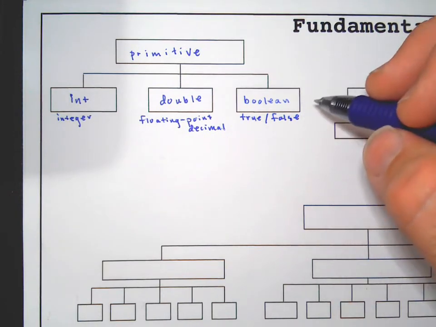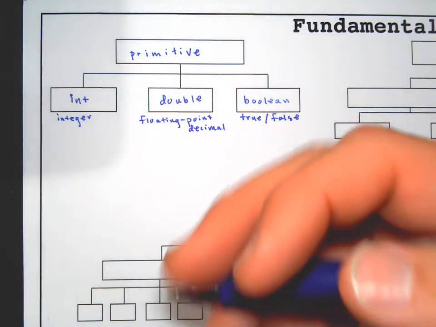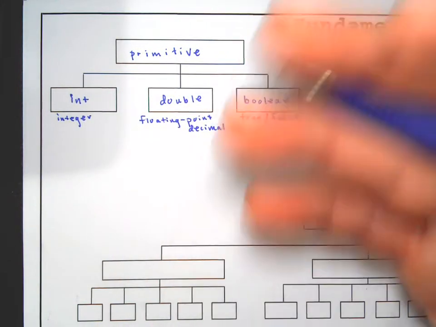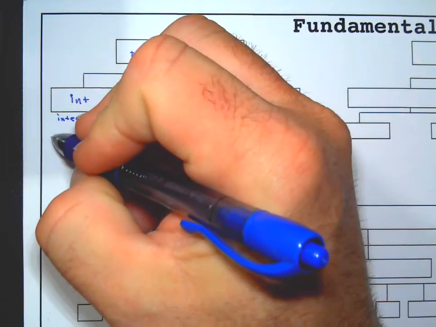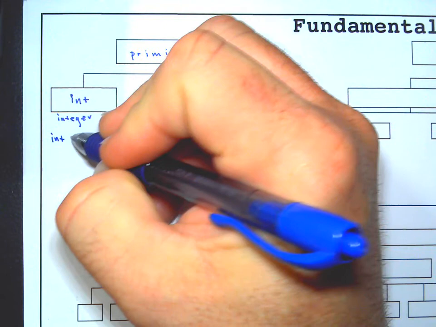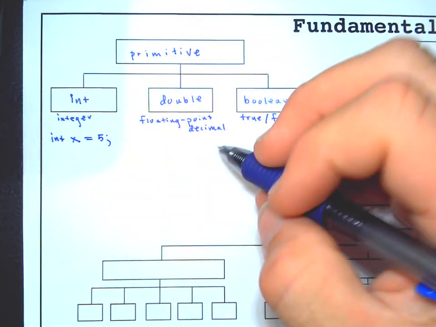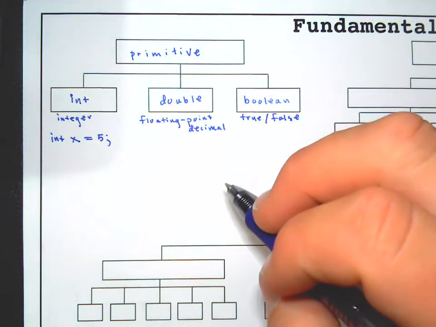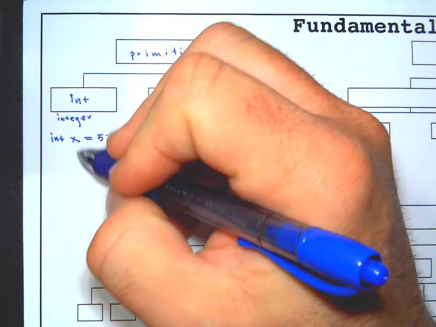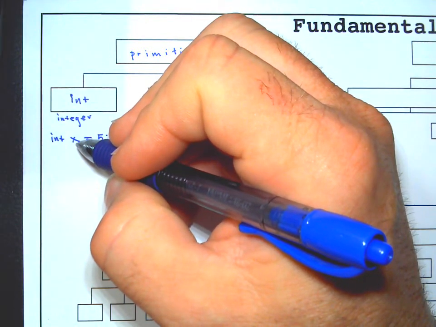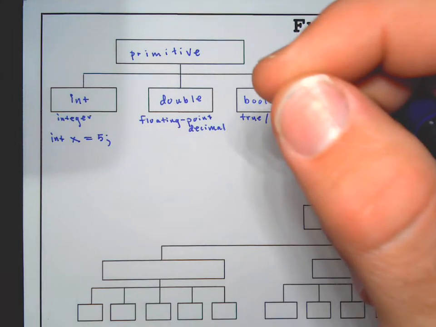Now, just to add some little notes about these things, just to show how we declare a variable of this type, how we initialize it. So, we could write int x equals 5. That's the line of code that you would have. Now, what does it actually look like? Well, x is more like a reference to the spot in the memory where this value is going to be stored.